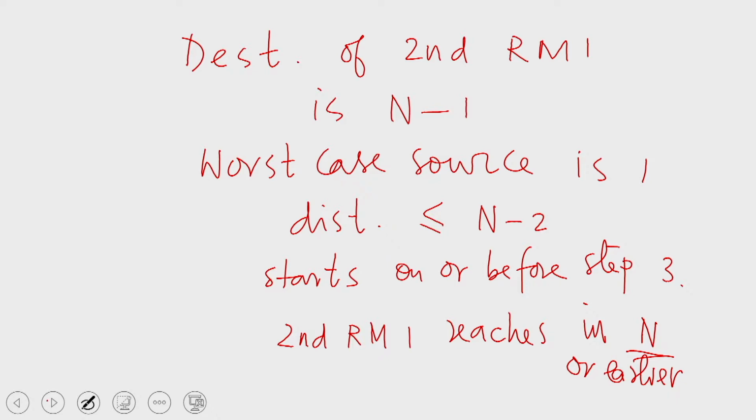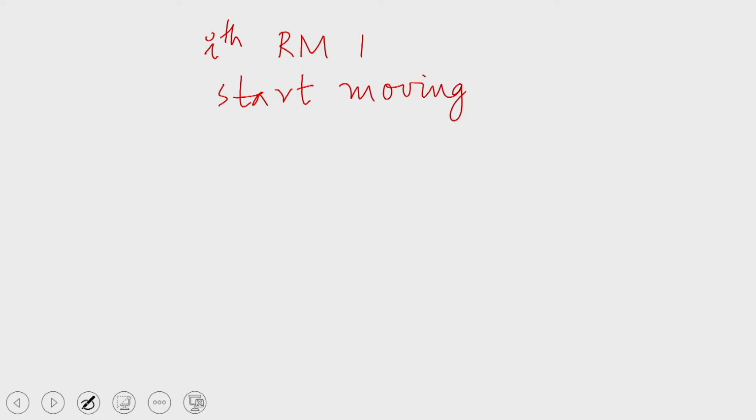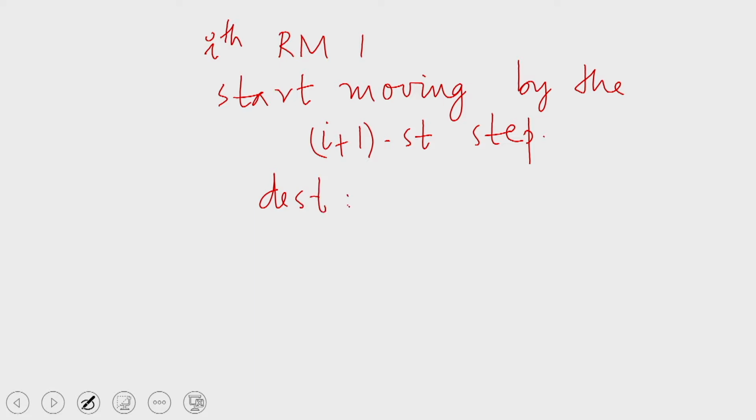So, you can repeat this argument for the other positions. In general, you can consider the ith rightmost one. You can show that this will start moving by the i plus first step, and the destination for this is n minus i plus 1.